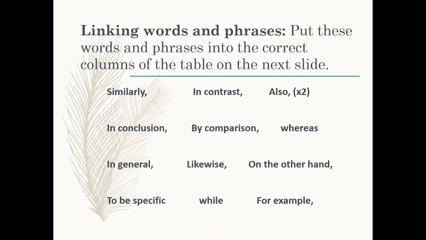Next, describing additional ideas. We have also. Describing a whole table or chart, we have in general. Giving details, all right, we have to be specific. And giving final comments, we have in conclusion.